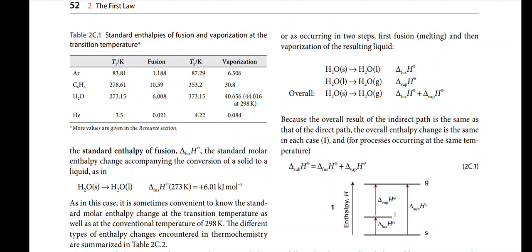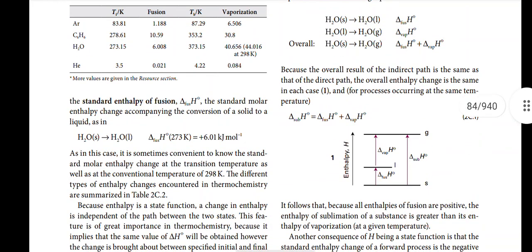Overall, H2O solid changes into H2O gas, equal to the standard enthalpy of fusion plus the standard enthalpy of vaporization. Because the overall result of the indirect path is the same as that of the direct path, the overall enthalpy change is the same in each case, for processes occurring at the same temperature.